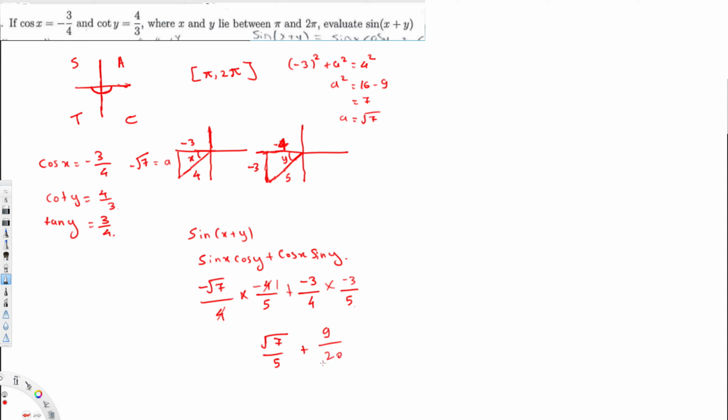To add this together, I have to take the common denominator. To do that, I have to multiply this one by 4. Therefore, this will become 4 root 7 over 20 plus 9 over 20. If I add them together, it's going to be (4 root 7 plus 9) over 20, and this is my final answer.